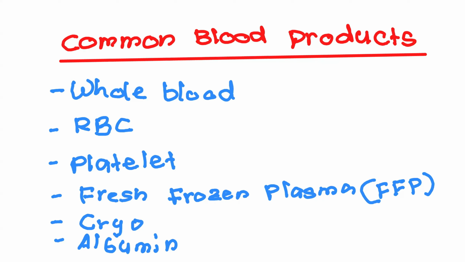When we transfuse whole blood, we are able to administer WBC too. But in general settings, we do not separate WBC from the whole blood. Okay, right. Now you know what blood transfusion is and its components.